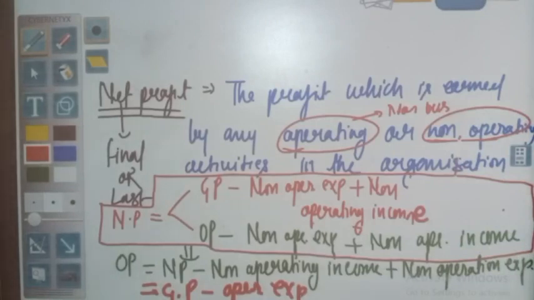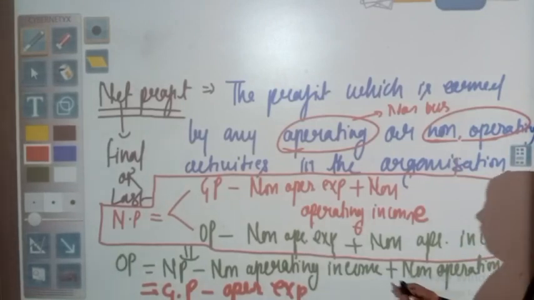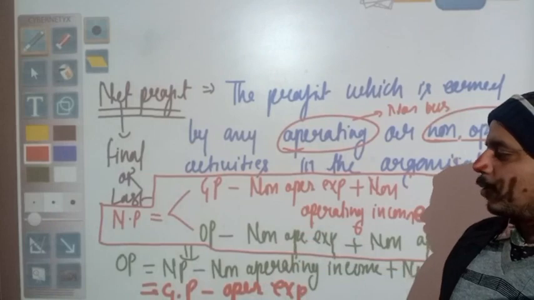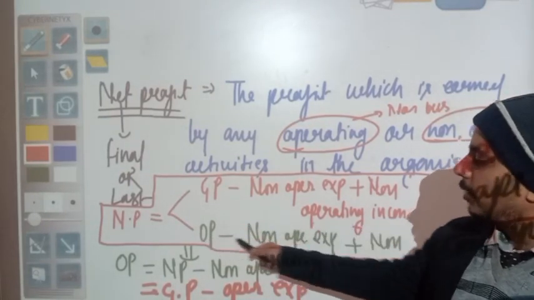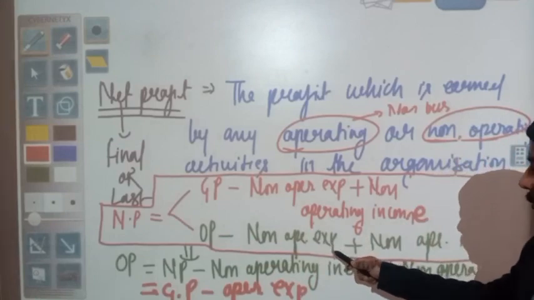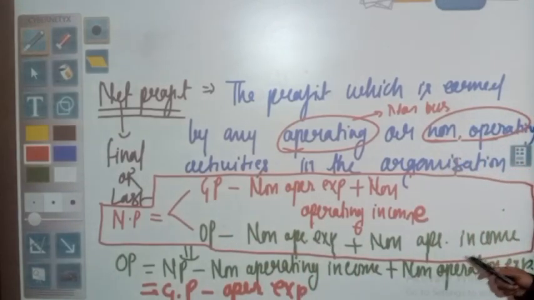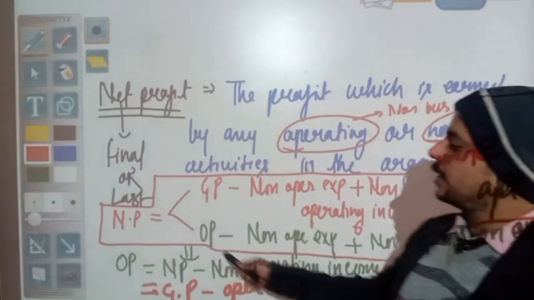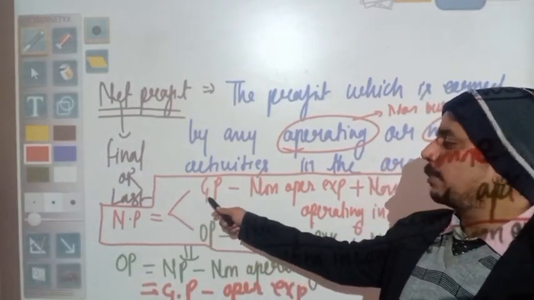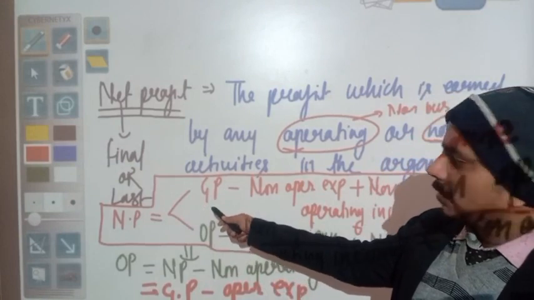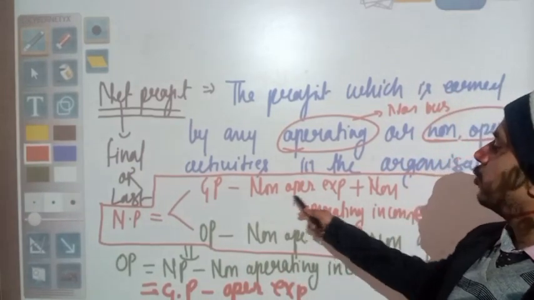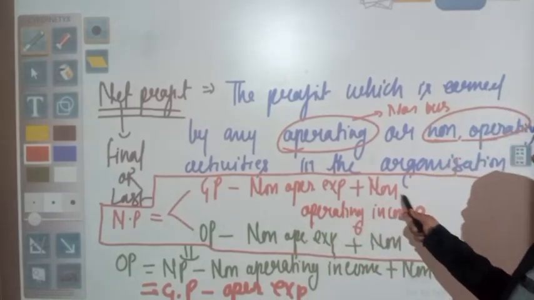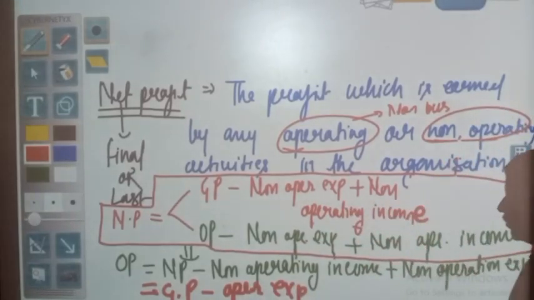When we reverse this formula in the calculation of net profit, then in case of calculating net profit, the operating profit will be reduced by the non-operating expense and added with the non-operating income. But if the net profit is to be calculated with the help of gross profit, the value of gross profit will be reduced by the non-operating expense and added with the non-operating income.